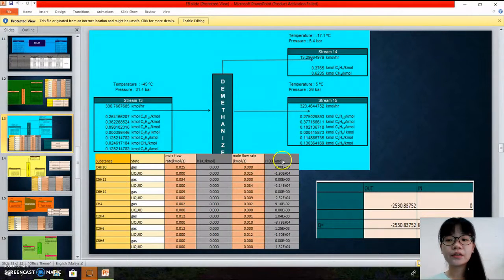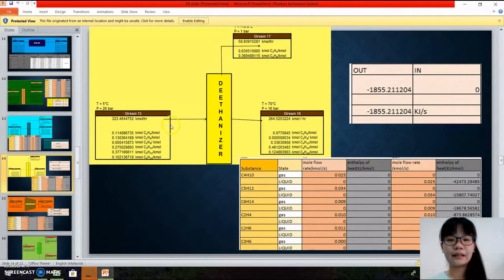We can use the balance on non-reactive reaction and hypothetical pathway to calculate the energy balance, and we get the total Q, which is negative 2530.83752 kilojoule per second.